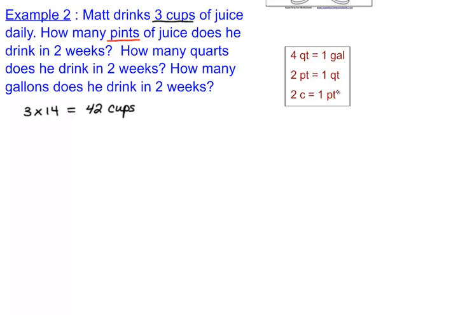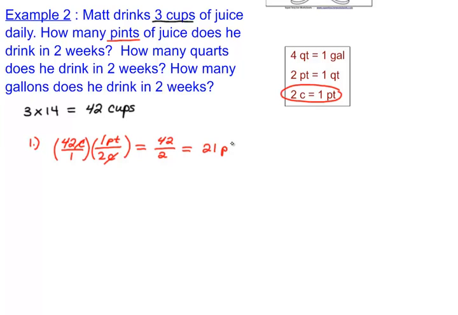Now we know that there are 2 cups to a pint, so we make that 42 cups over 1, and now I'm going to write my new ratio of 2 cups, 1 pint. Remember, I want the cups on the bottom so that the cups cancel, and so I have 42, because top times the top, over 2, and there I have 21 pints is how much he drinks in 2 weeks.